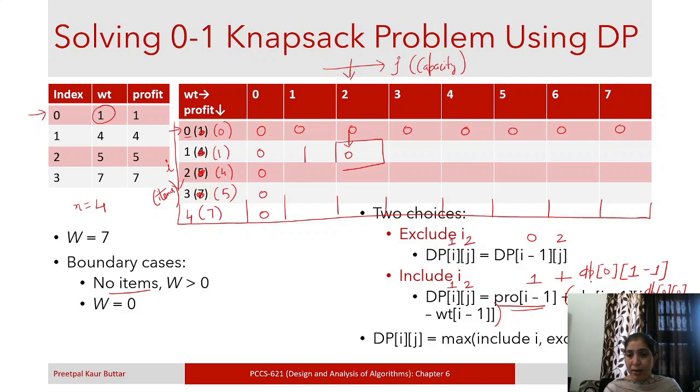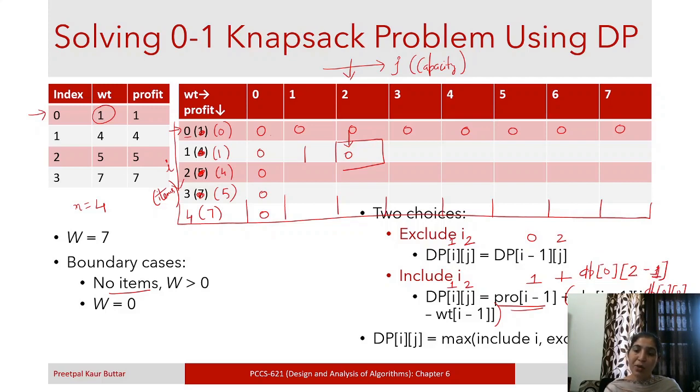and the amount which is left is, now total capacity is 2, not 1, right? So now we have increased the capacity of the knapsack. So 2 minus 1 is the weight of this item. So this is the capacity of the knapsack and this is the weight of the item which you are picking.